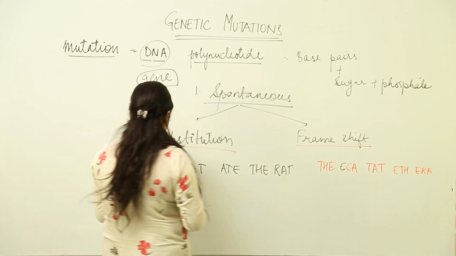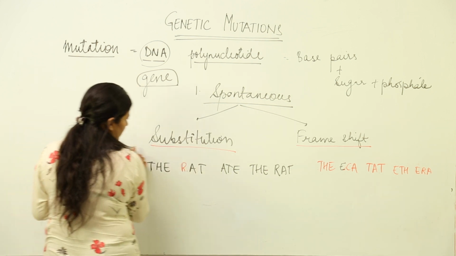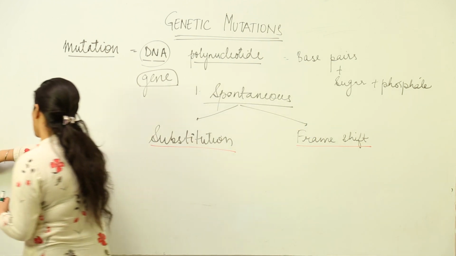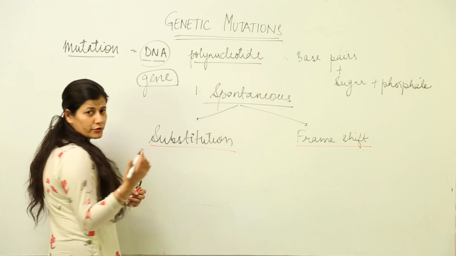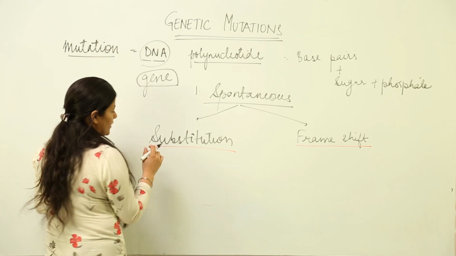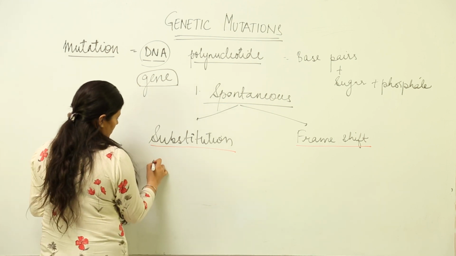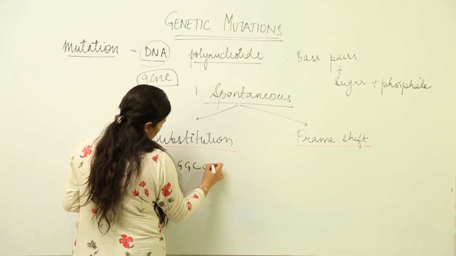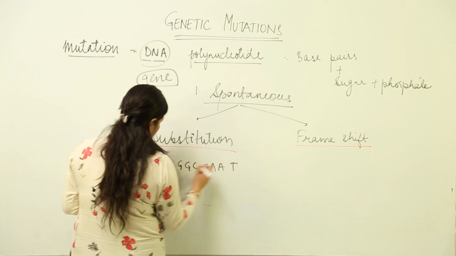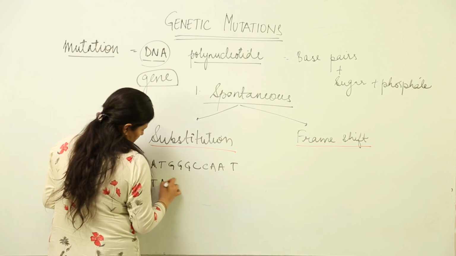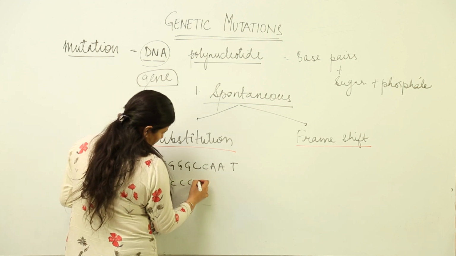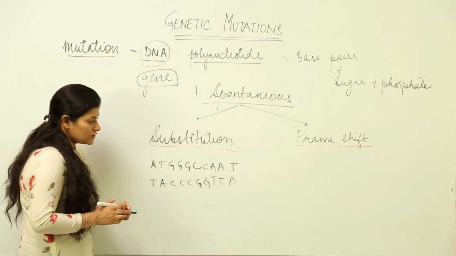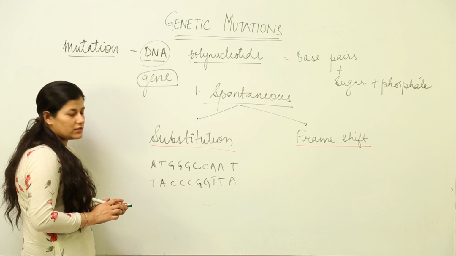Now in this case of substitution mutation, we have two types of mutations. One is transition, the other is transversion. Supposedly purine is replaced by purine. We have this arrangement A, T, G, G, G, C, C, A, T, and this would be T, A. This is your DNA sequence, that is the gene.